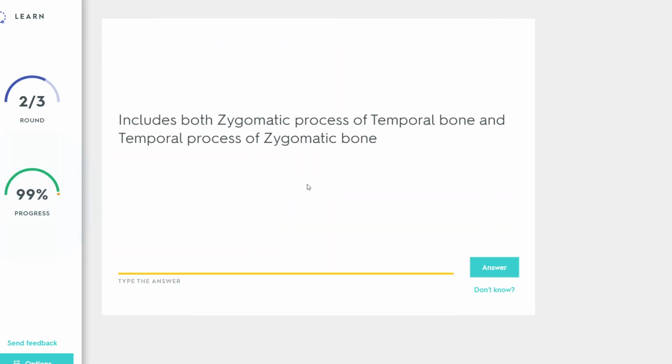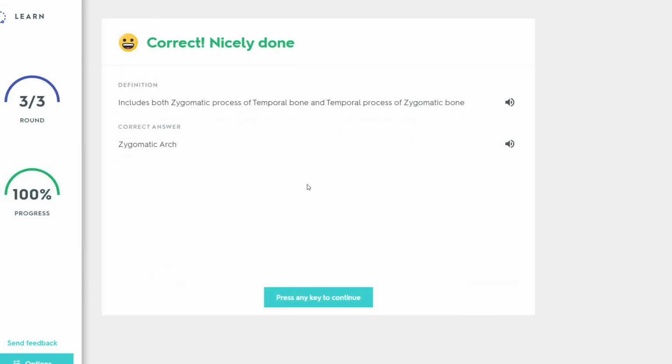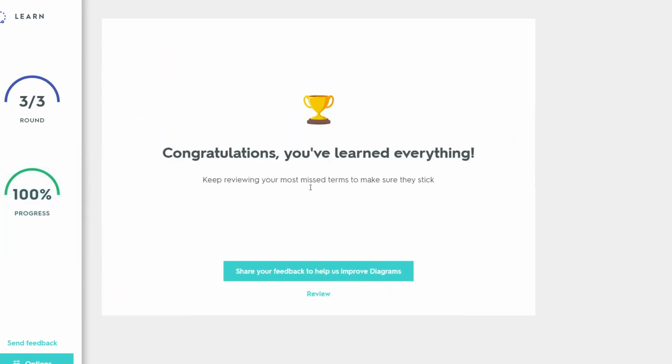Yep. Includes both zygomatic process of temporal bone and temporal process of zygomatic bone. That is the zygomatic arch. Correct, nicely done.